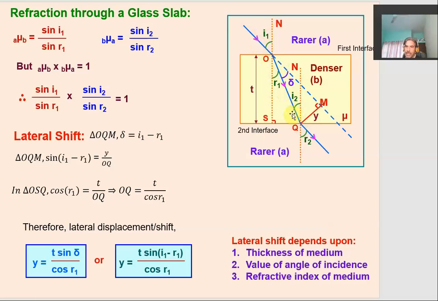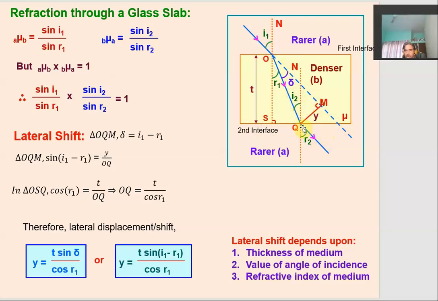Then what happens is that this light ray again finds an interface at which the medium changes, and hence refraction takes place again. What is happening at this interface? The medium for this light ray is changing from glass, and again the medium is air, which is the same medium as the earlier one, right?